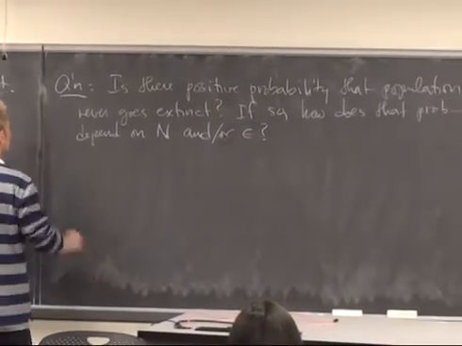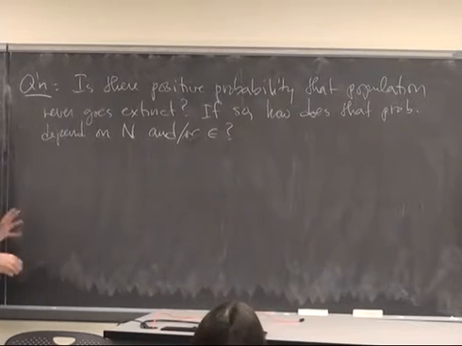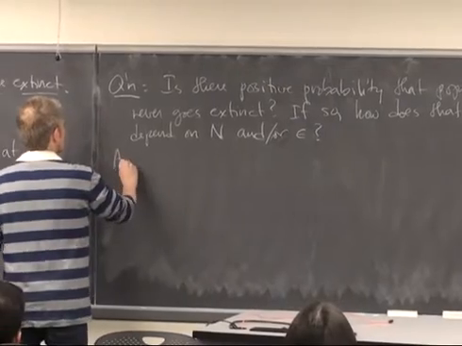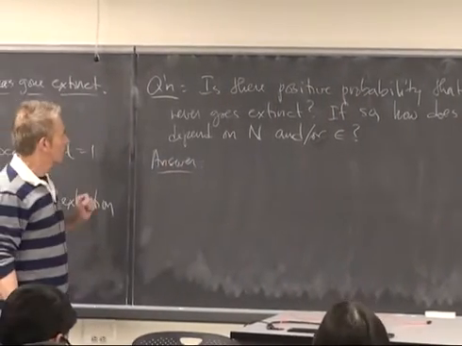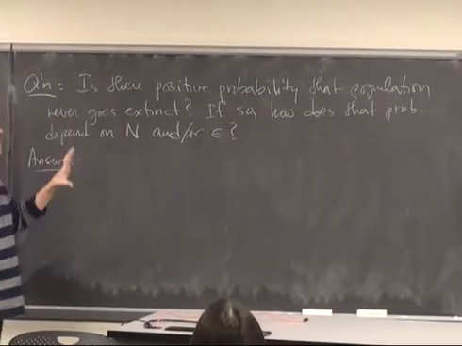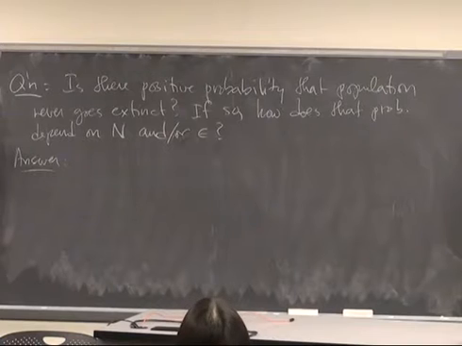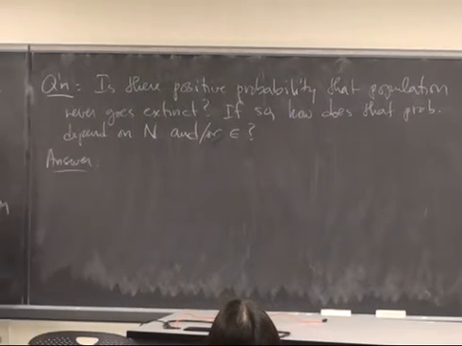Let's do a little analysis. So here's a sort of hand wavy, it's not really hand wavy at all. All right, what does it mean to never go extinct? The population never goes extinct certainly means that there is no time k at which the population becomes extinct.